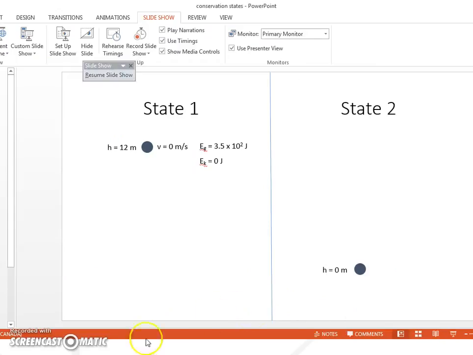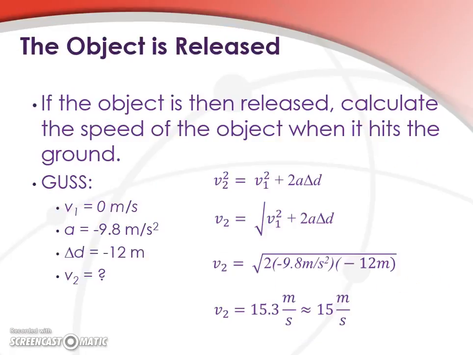So that's our situation down here. Our velocity is 15 meters per second. And if we take this point as being zero height, of course our gravitational potential energy is now zero.